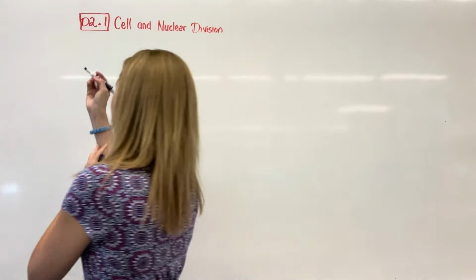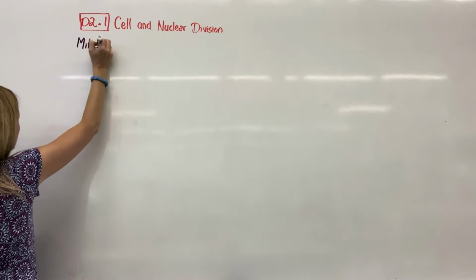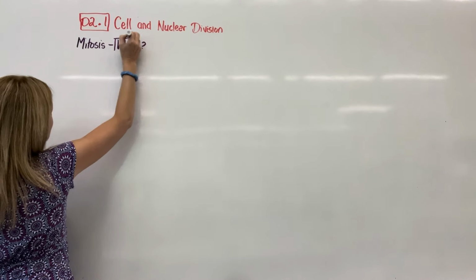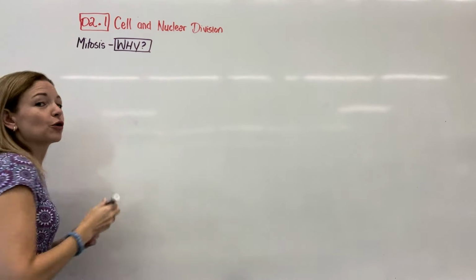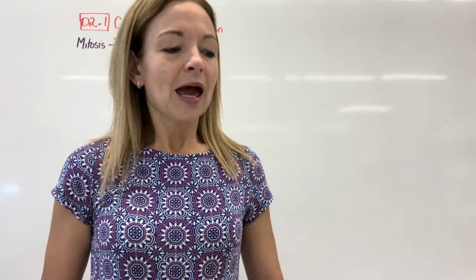So like I said, we are going to start with mitosis. And then our first question is, why do cells go through mitosis? So what is the purpose of that? I'm writing all this over to the side, because there's going to be a giant circle over there.